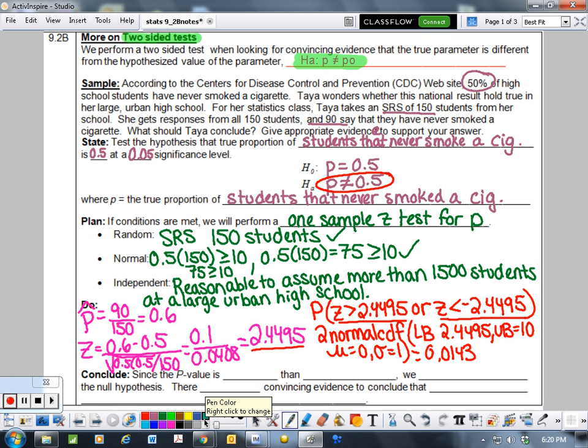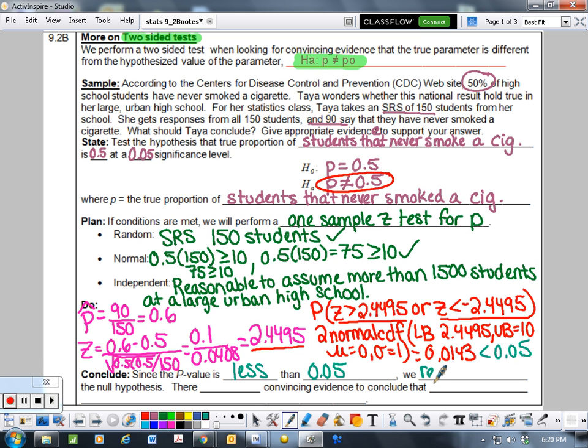And now we compare: is this less than our 0.05 value? And it is less than, so we reject our null hypothesis since our p-value is less than 0.05.